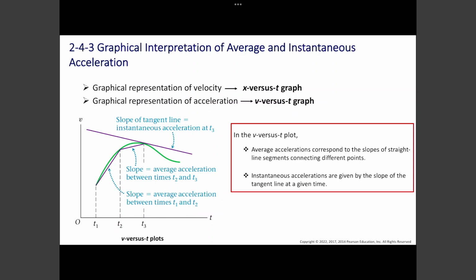This is very similar to the representation of average velocity; instead we have a v versus t graph, whereas for average velocity we have an x versus t plot.